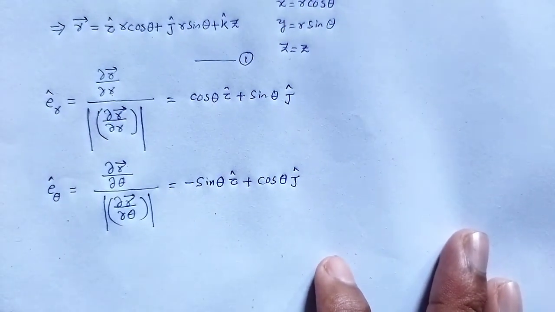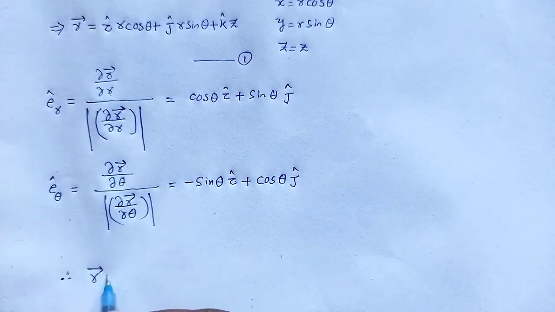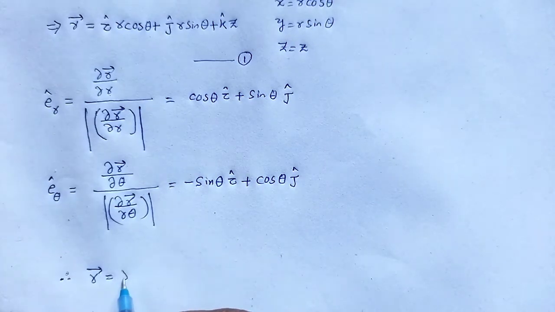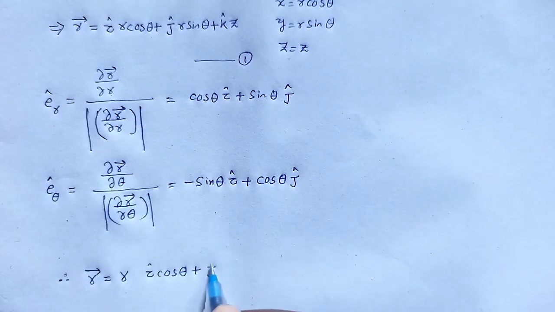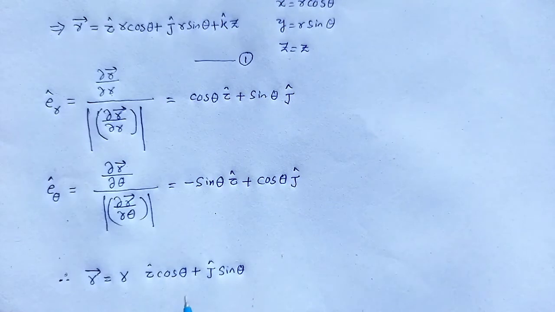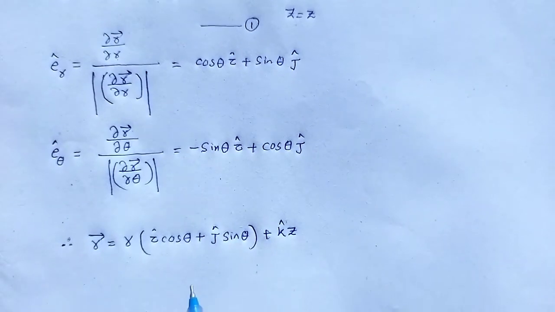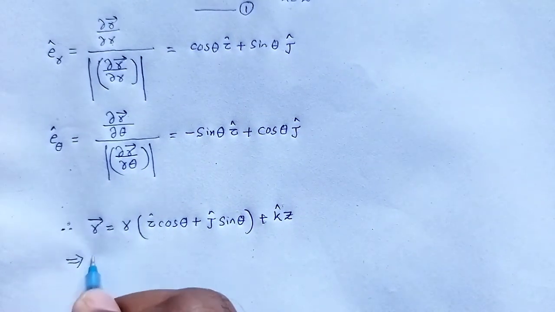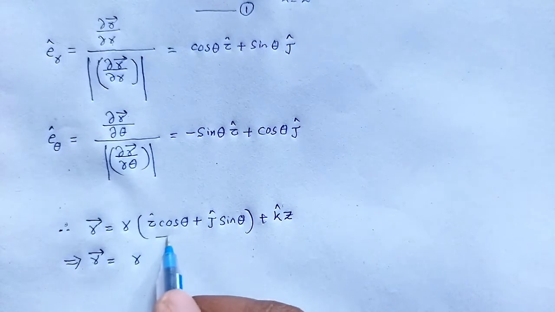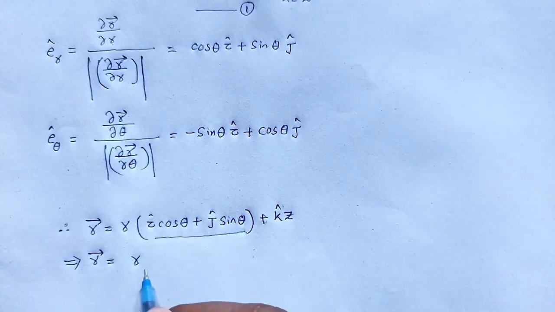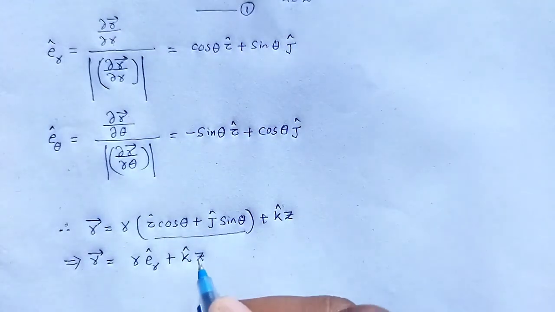Therefore, equation 1 becomes r vector is equal to r taken as common, i cap cos theta plus j cap sin theta, plus k cap z, which implies r vector is equal to r, this term is nothing but e r cap, plus k cap z.